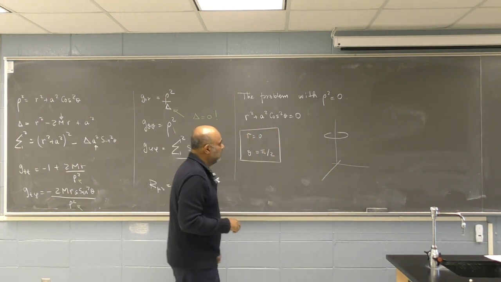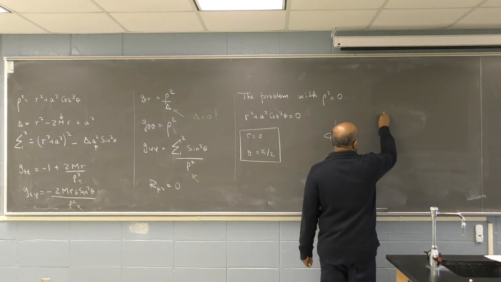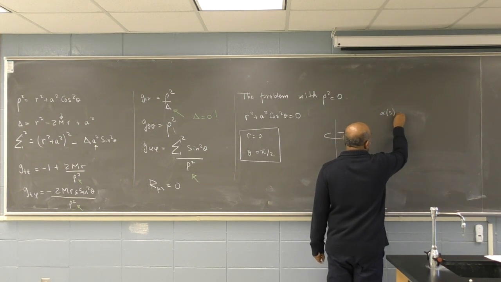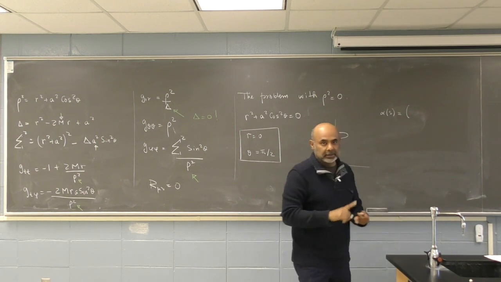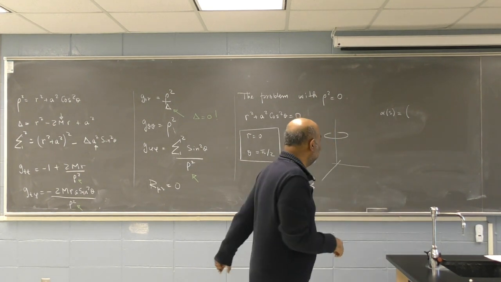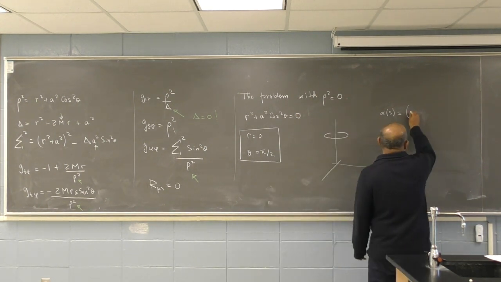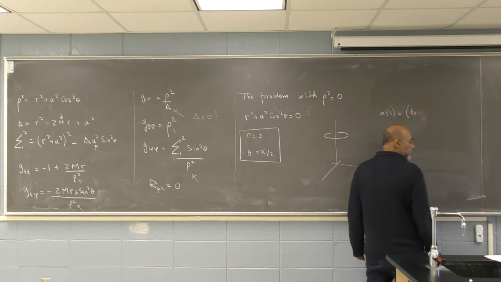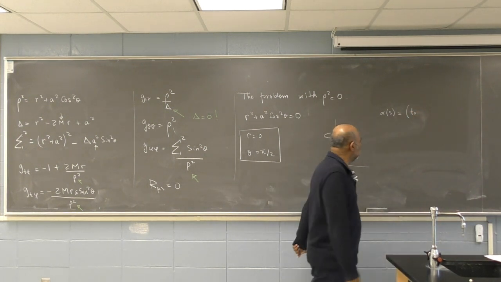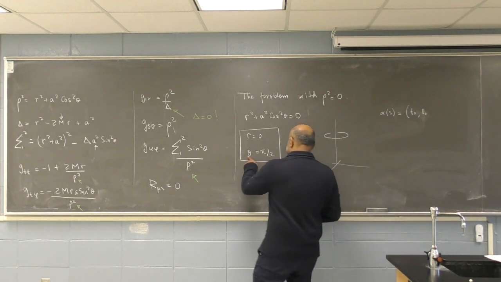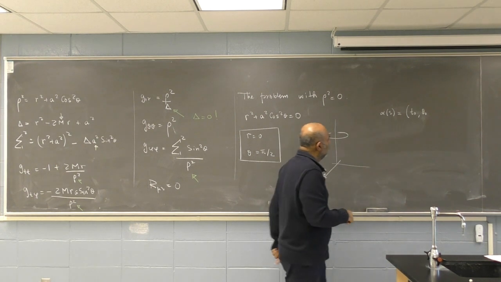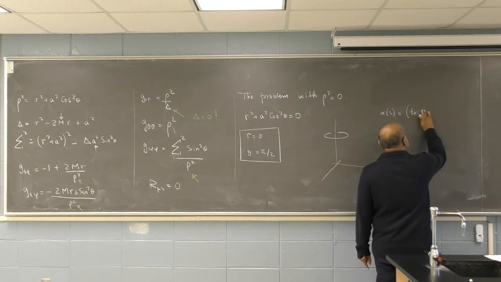And this parameterizes as alpha of s equal to t, r, theta, and phi as a function of s. So I'll fix some time, t equals some constant. I'm going to fix some angle. Now, eventually, I'll have to let that angle go to pi over 2.